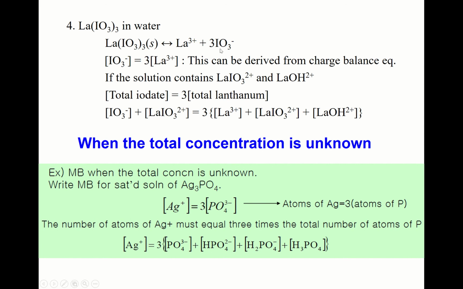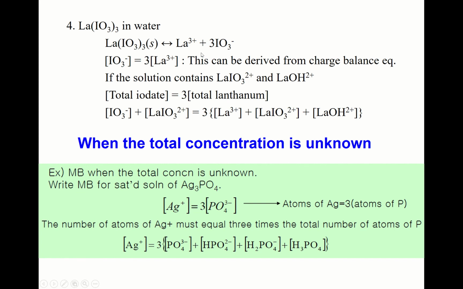But very unfortunately, there are other lanthanum and iodate species. Not only this one, but also lanthanum iodate and lanthanum hydroxide ions are there. How do you deal with these two species?